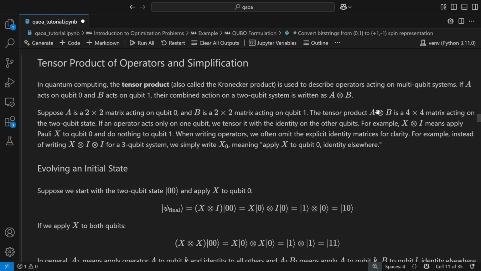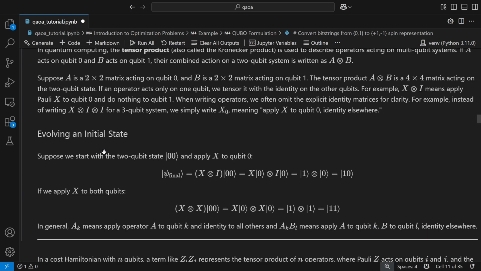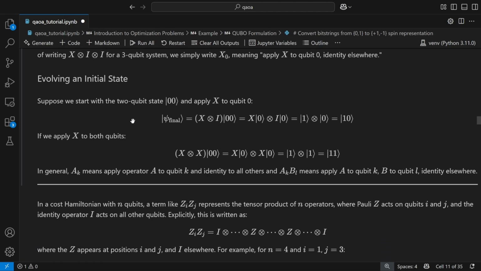Whenever we present a single qubit operation like X or Z Pauli matrices, implicitly we mean that the operator is actually the tensor product of that operator with the identity for other qubits. So let's take a look at this example. We start with the state 0, 0, which means that qubit 0 and qubit 1 are both in state 0.